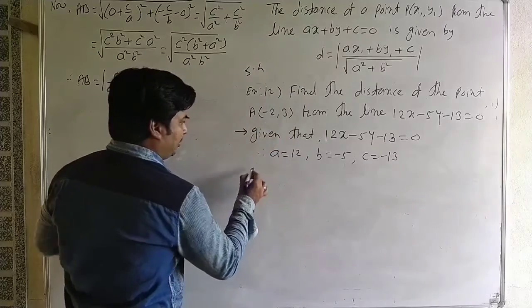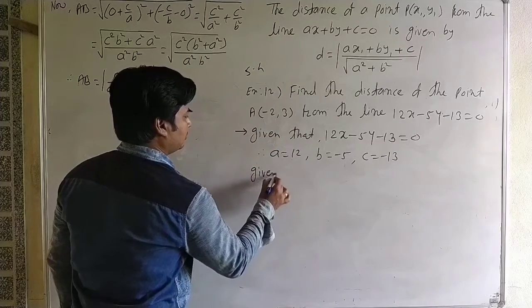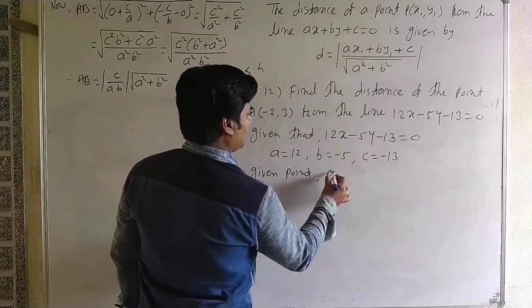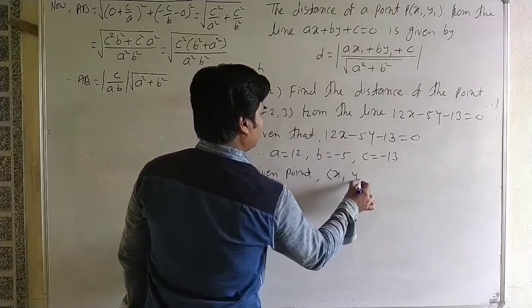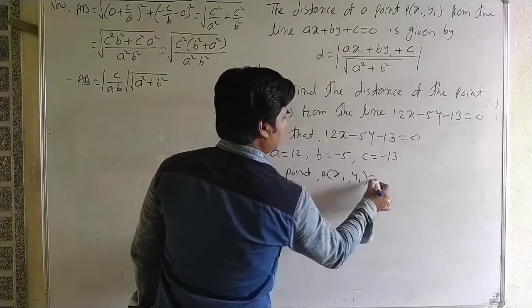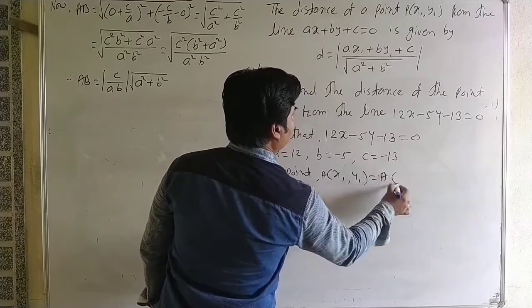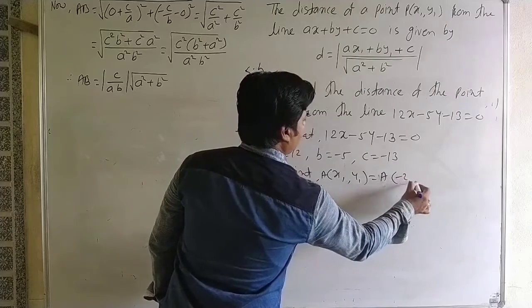Okay. Here the given point is x1 comma y1, given that the coordinates of point are minus 2 comma 3.